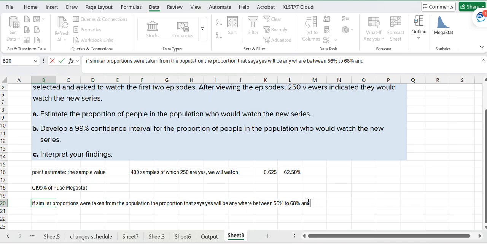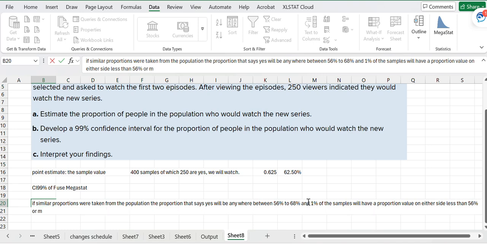And 1% of the samples will have a proportion value on either side. So it could be less than 56% or more than 68%.